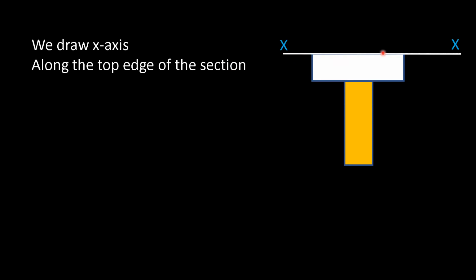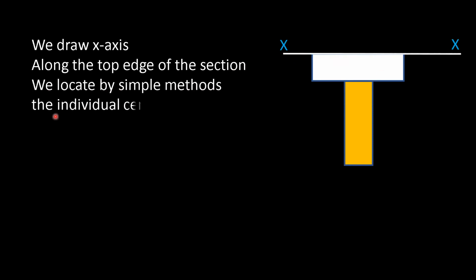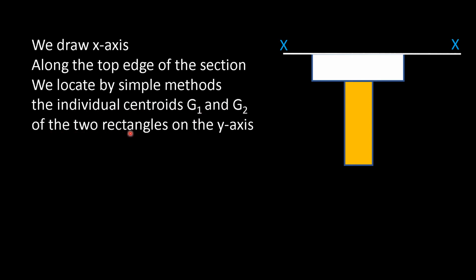We draw x-axis along the top edge of the section. Here, we locate by simple methods the individual centroids G1 and G2 of the two rectangles on the y-axis.